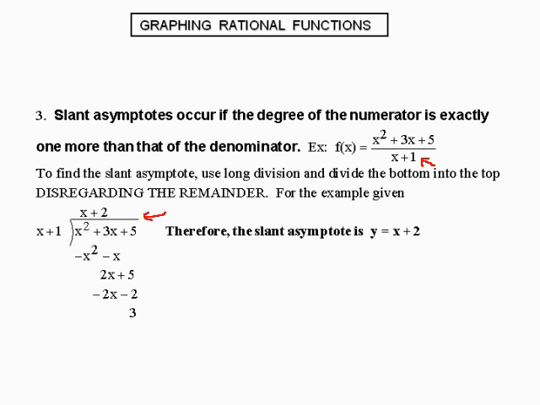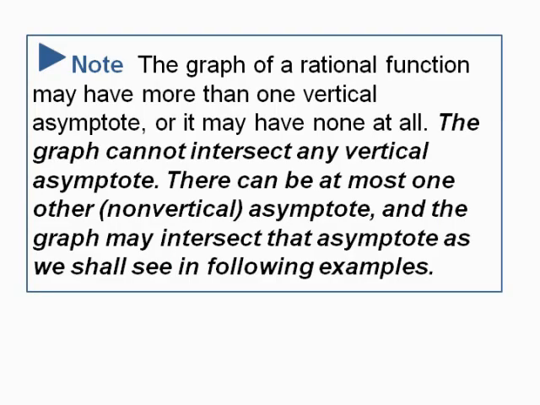All right, and I think I'll include a video on how to long divide things in case y'all have forgotten how. It doesn't look like the lines came through here, but we throw out this remainder of 3, so we get the top part there, y equals x plus 2, as a slant asymptote. So I'll have to remind myself here, make a note to put the long division notes in there if you've forgotten how to long divide.